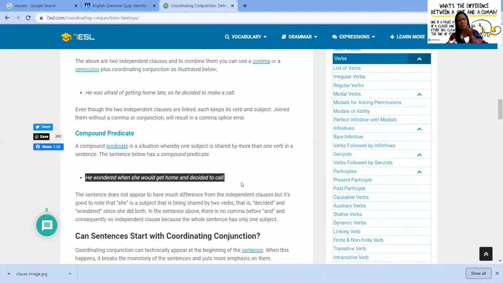The reason is very simple, because there are no two subjects, isn't it? If you have two subjects, then one will be the main clause and the other will have a subject and a verb acting as a predicate. Here there is only one person, that is she, and she is the subject. That is the reason why it does not have a main clause.